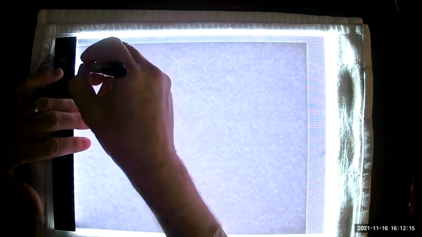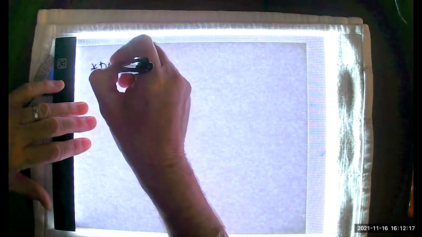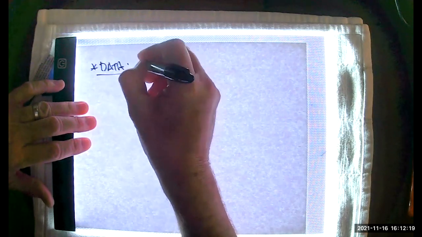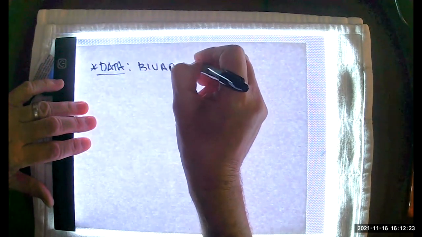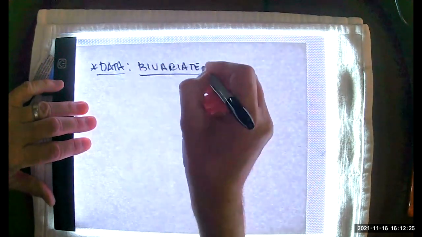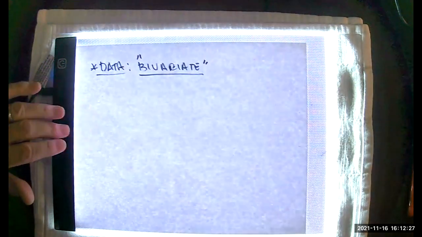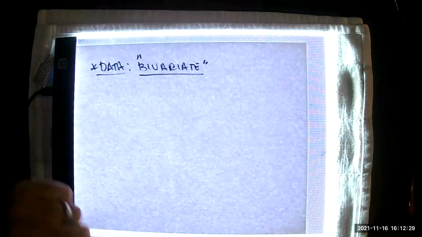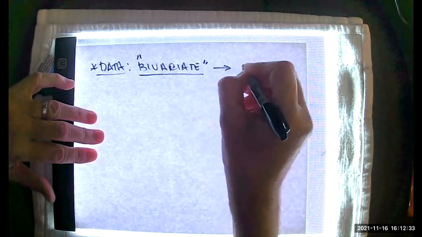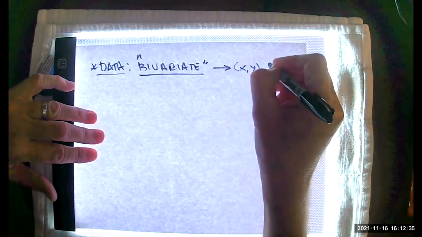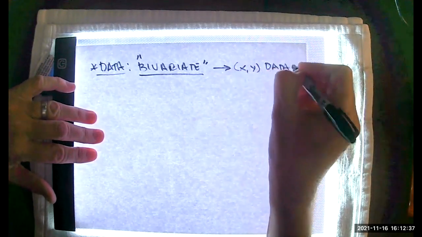Now, let me talk about the kind of data that we're going to use here. Bivariate is the name of the data. It's like, oh my God, what kind of crazy word is that? It really is the term we use, but bivariate data is just XY data. That's all it means.